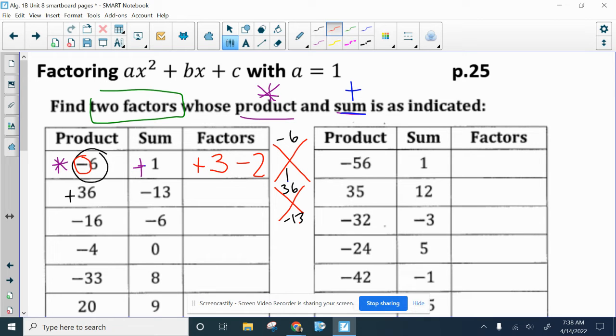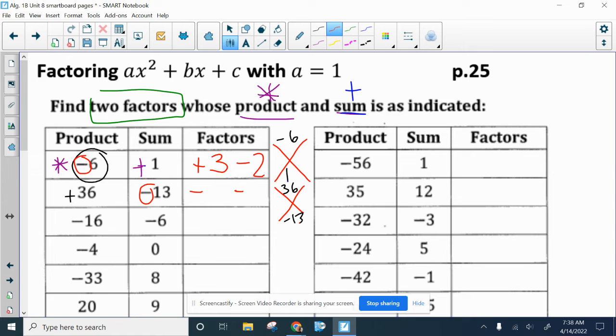It means they are either both positive or both negative. Well, my sum is negative, and there's no way I can add two positives together to get a negative. So both of my factors are going to be negative.